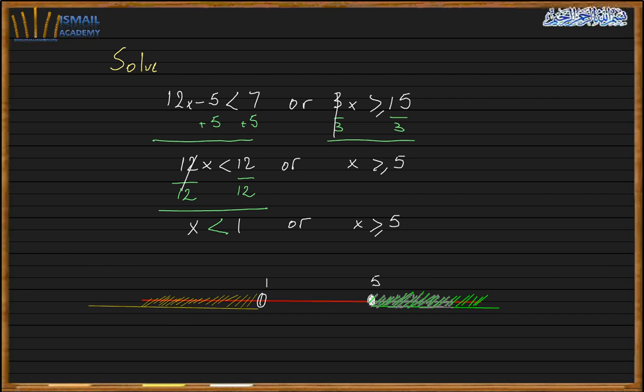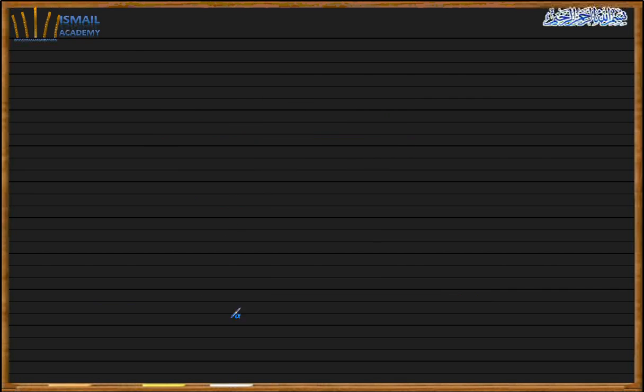So let me do another example. Suppose I want to solve this: 3x minus 8 is less than 25, or 4x plus 12 is greater than 8.